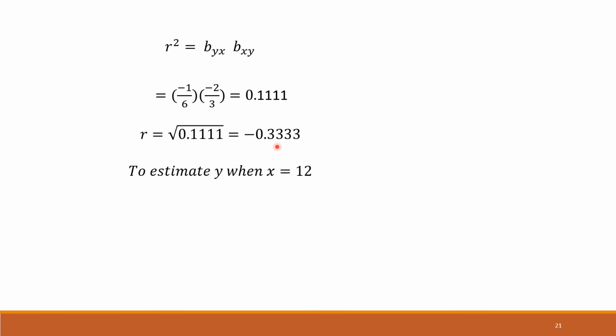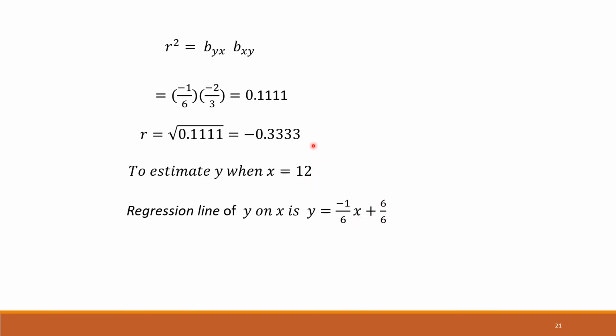Now we have to calculate y when x is equal to 12. To calculate y, we should take the regression line of y on x. We have to keep y on the left hand side and x on the right hand side. So what was the equation of y on x we had? y is equal to minus 1 by 6x plus 6 by 6.